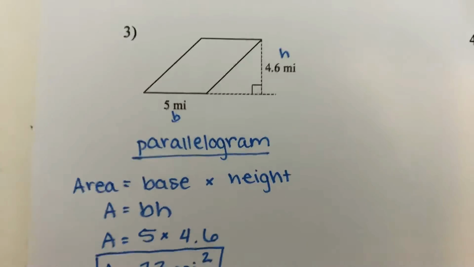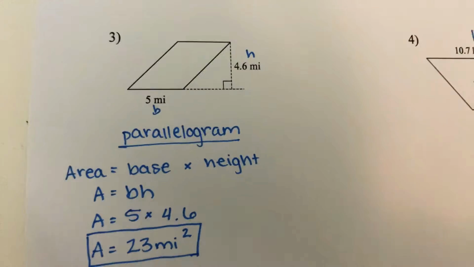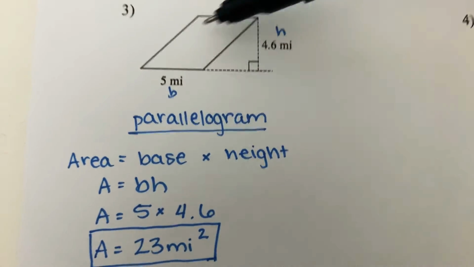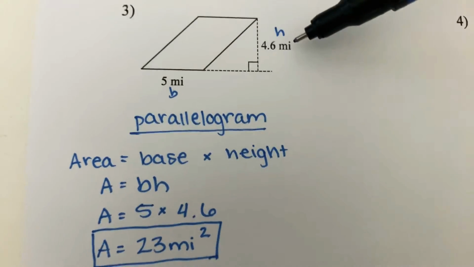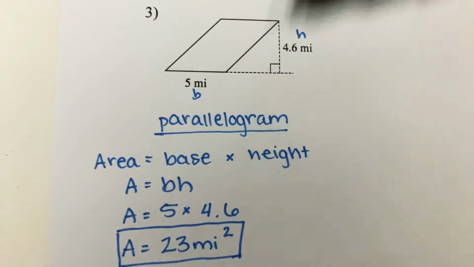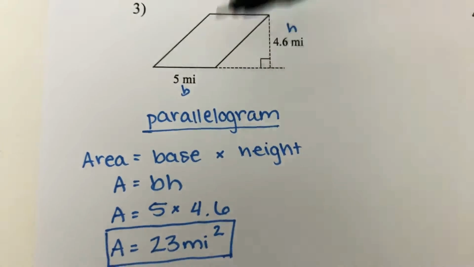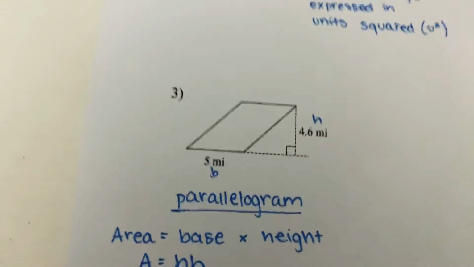So they had to extend the side and draw it on the outside. But you're still going to do 5 times 4.6, and you get 23 miles squared as your answer for the area of this parallelogram. So recap really quick.